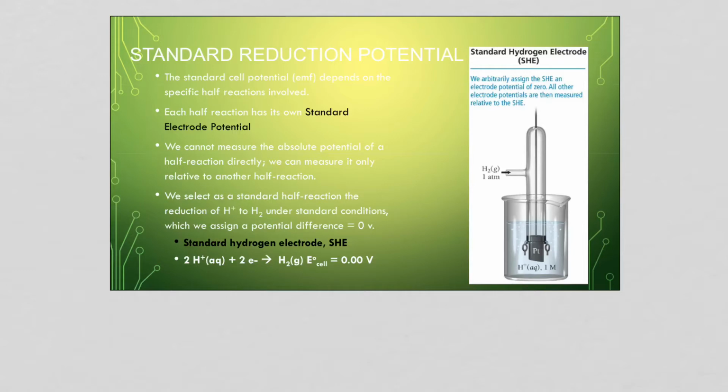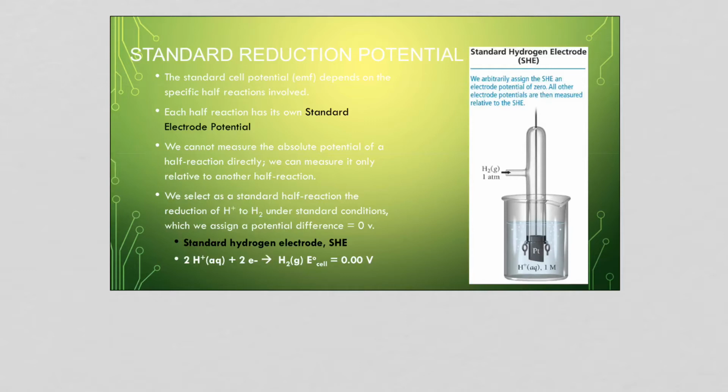And these depend on the materials that are involved, right? It depends on what half reactions are involved. Are we looking at the oxidation of zinc or the oxidation of iron or whatever it might be? So the magnitude of this standard cell potential depends on what materials are involved.